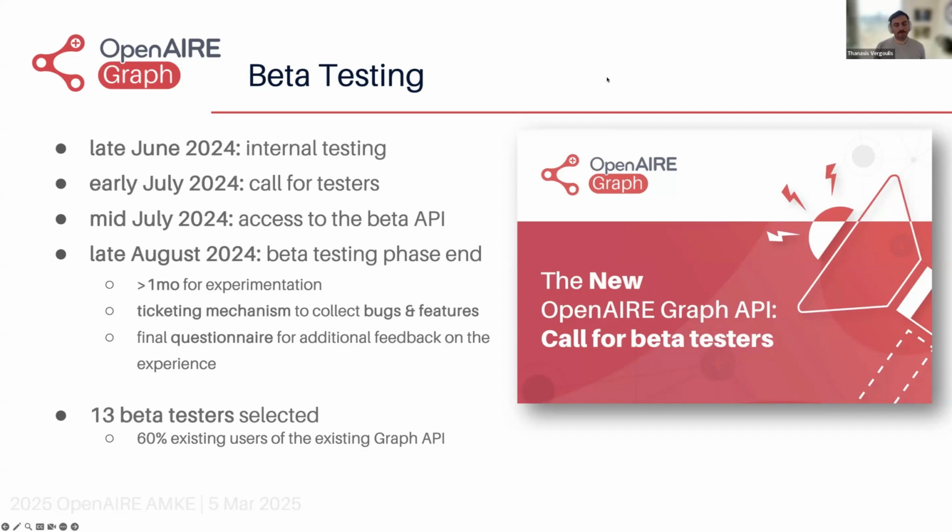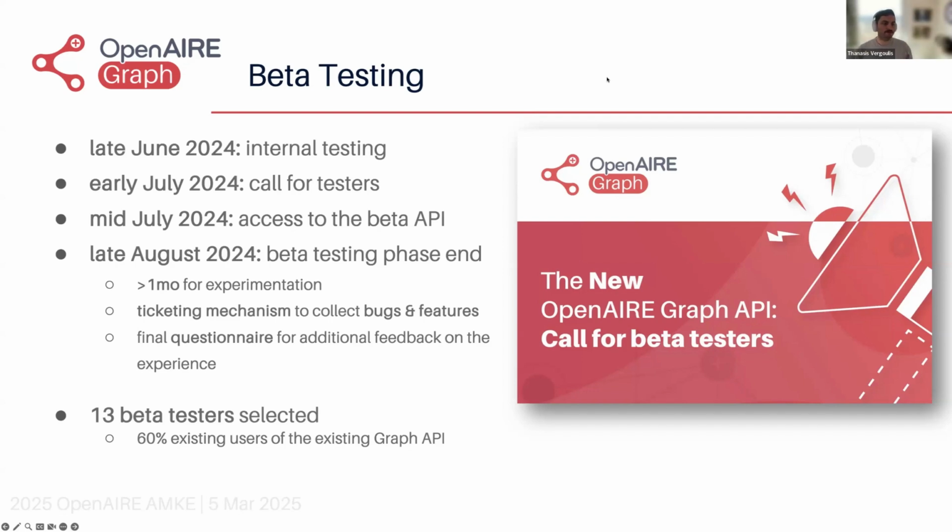And in a previous graph community call, we had presented the results of the beta testing, and we had also invited the beta testers to that community call to better understand some of their requests. We had a very quick discussion on that.